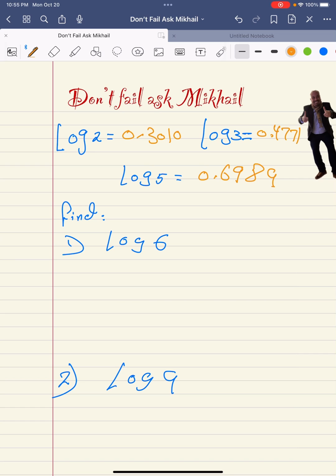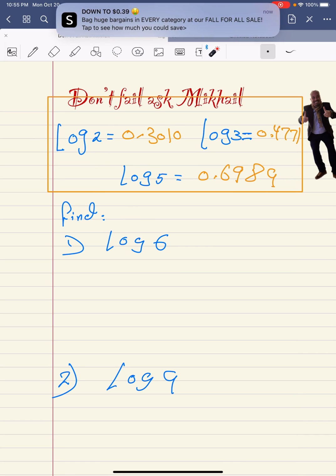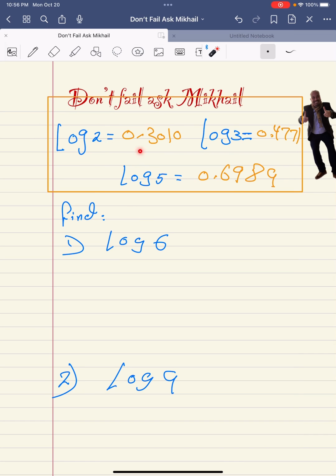Now, say I have these logs here. Using the property of logs, I want to know what is log 6. Mikhail, log 6 is not here. I have log 2 and log 3. But using the property of logs, I can find log 6 by using 2 and 3.